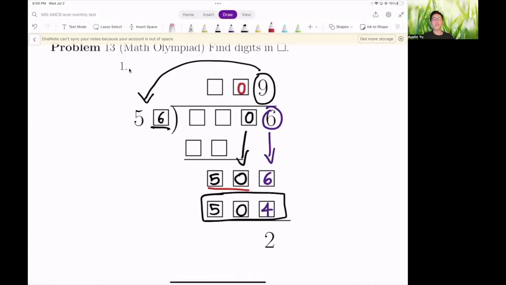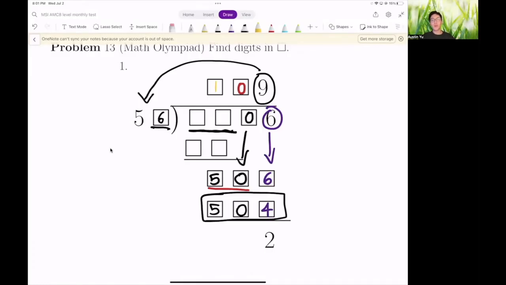Okay, and now we are just left with 5 empty boxes. How do we approach this problem? We know that since we are left with 2 digits, the number on the top must immediately be 1. Why? Because there is no 2-digit number that can let 56 go inside it 2 times, right? Any 2-digit number can only let 56 in 1 time. And the top number obviously can't be 0, right?